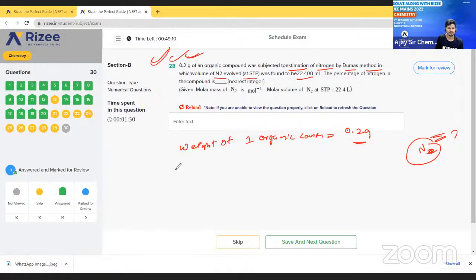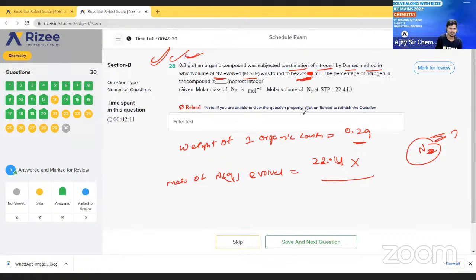Then we have to find the mass of N2 gas evolved. The mass of N2 gas evolved is equal to 22.4. You just write 22.4 here, not 22.400. I think there is a mistake in the question.